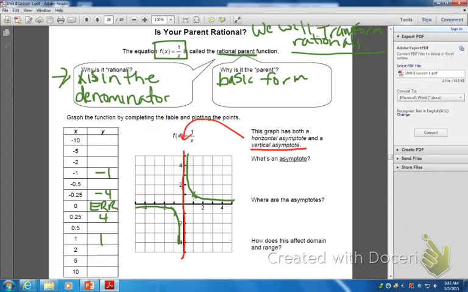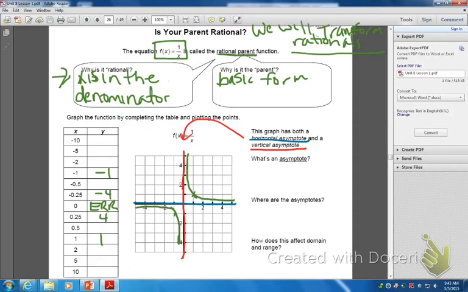But as the parent, that's the vertical asymptote. Okay, you also see what's happening on that x-axis as well. What's happening when it gets close to that x-axis up here? Is it reaching it? No. And is it reaching it here? No. So your x-axis is the horizontal asymptote. Okay, in this case.